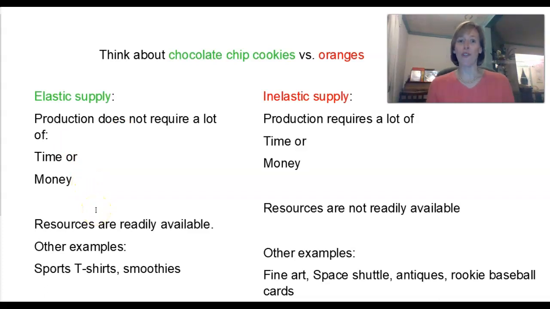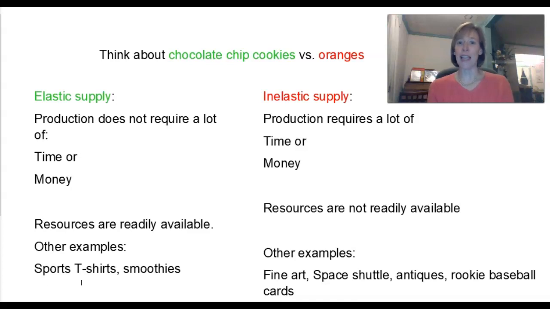I think under normal circumstances, it would be pretty reasonable to think in our homes we could have sugar and flour and chocolate chips and the ingredients for chocolate chip cookies, and we could make a batch pretty easily, especially if the price kept going up and we could make more money. Some other examples of things with elastic supply would be sports t-shirts.